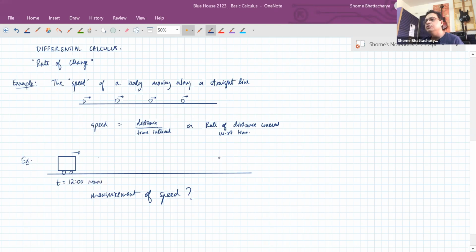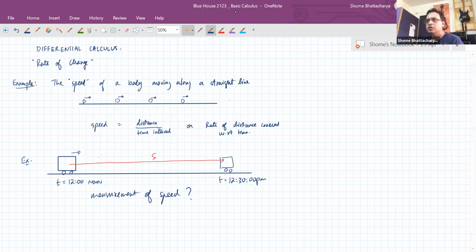And suppose we reached here at a time of, let's say, 12:30 p.m. So if we can calculate this distance, let's say S, then we will say that the speed is this distance divided by the time difference between 12 noon and 12:30 p.m. That's what you're saying, Beta?